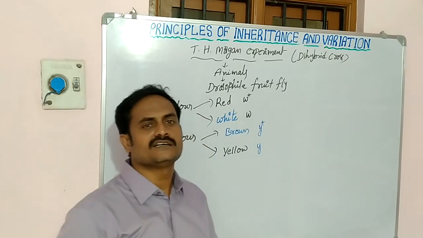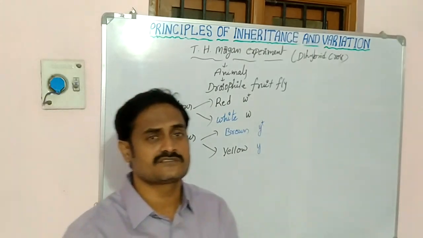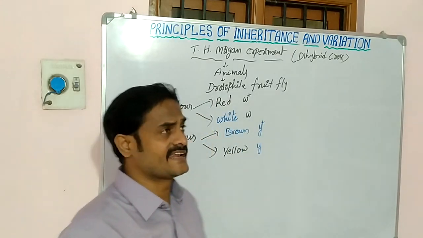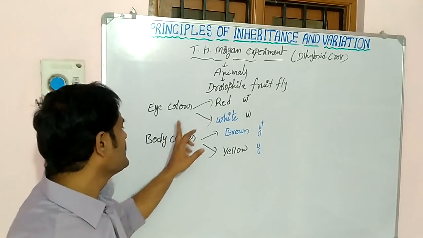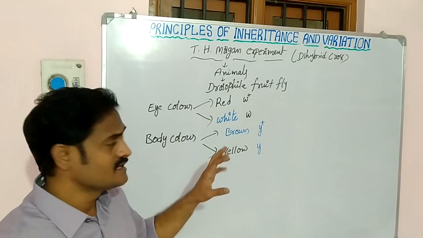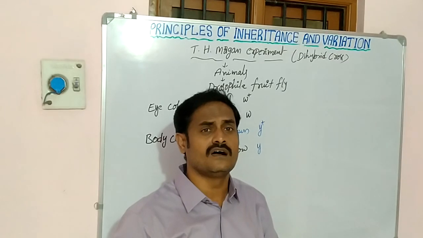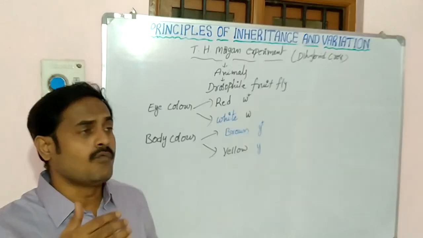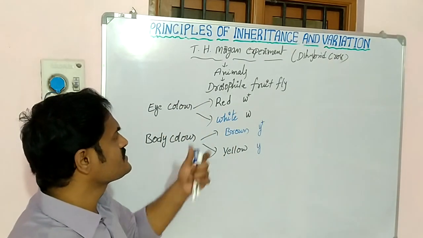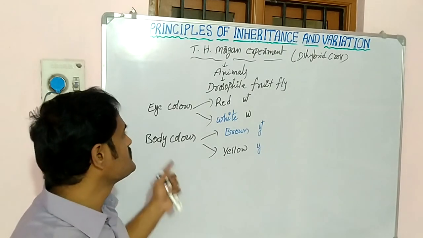In this Drosophila fruit fly, he conducted the dihybrid cross. Here dihybrid cross means two different characters, eye color and body color. These are the two traits. Two different traits are crossed between two organisms. What kind of organisms will be produced in the F1 generation or F2 generation?